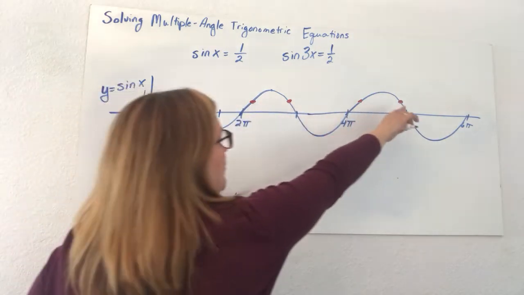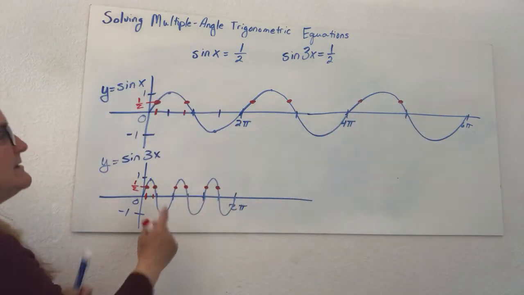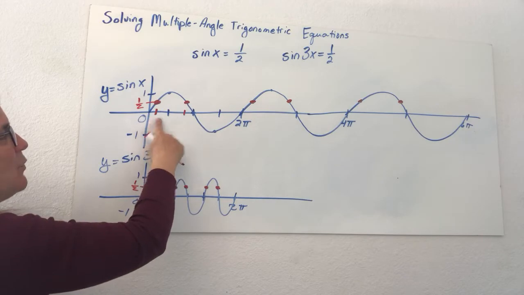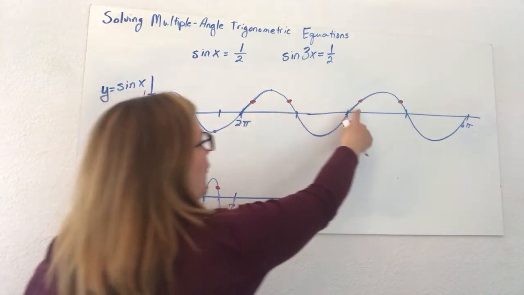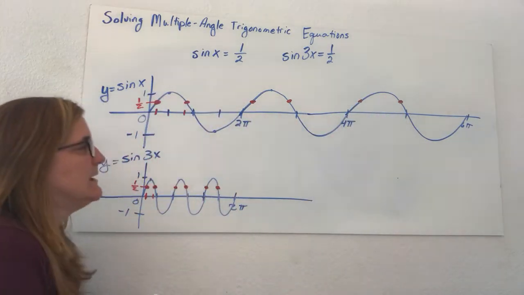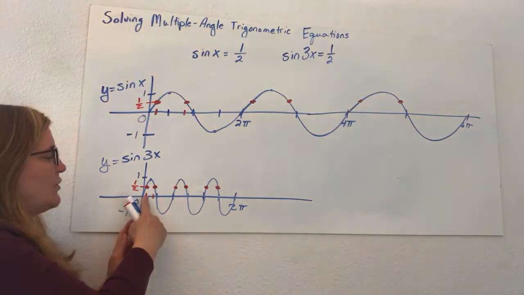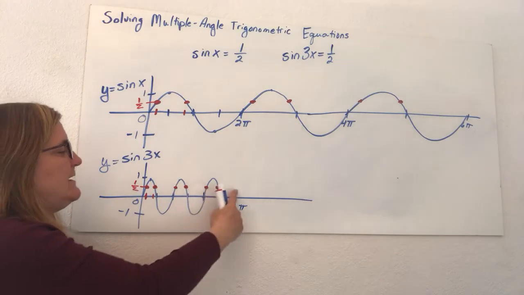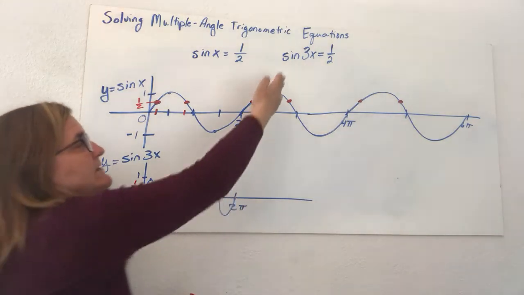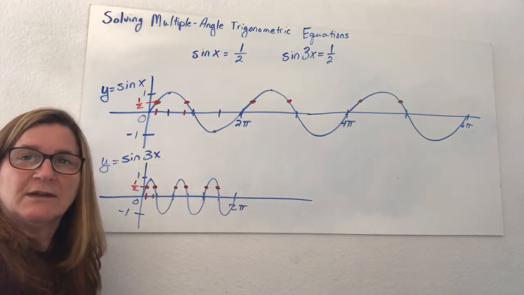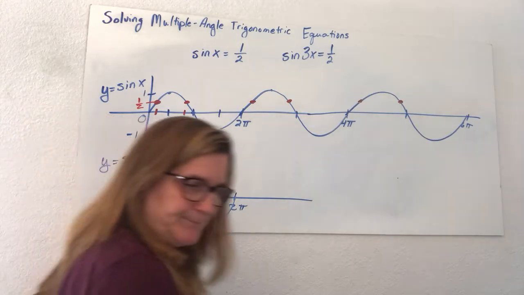These 6 points will correspond to these. If we can find the x coordinates that correspond to all of these 6 points and divide them by 3, we'll get the x coordinates that go with all of these 6 points, and we'll have the solution to this particular equation. So let's see how that works.